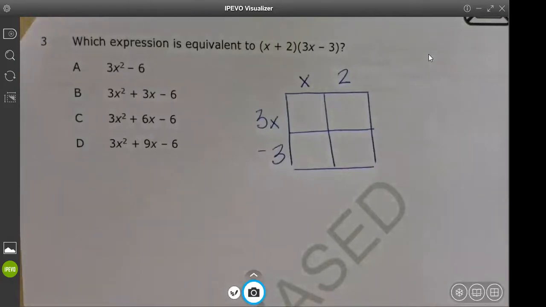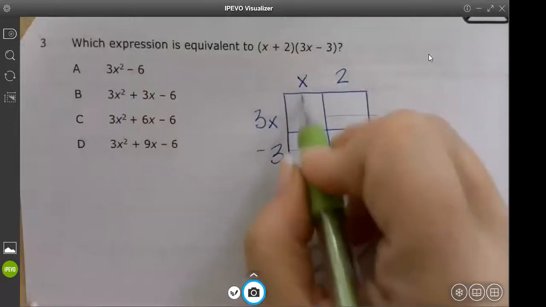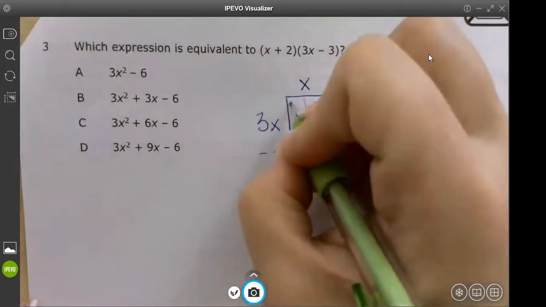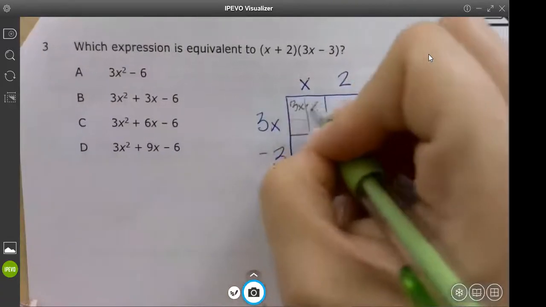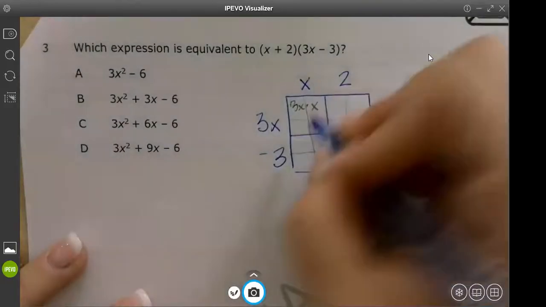And then we said what meets in those boxes. So this box had 3X times X. What is 3X times X? Yeah, 3X squared.